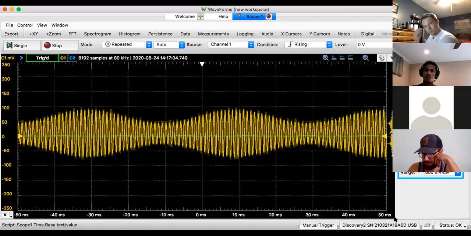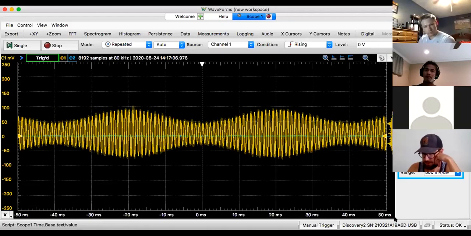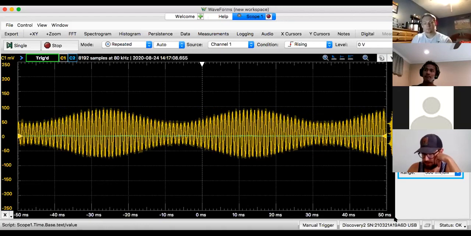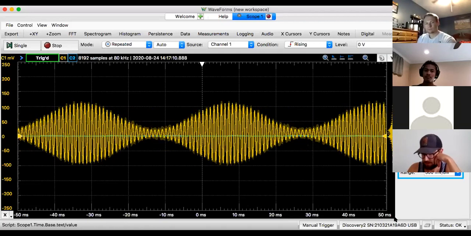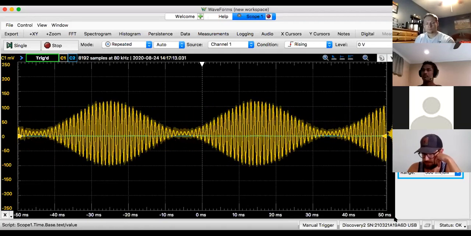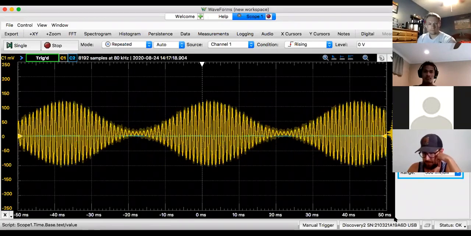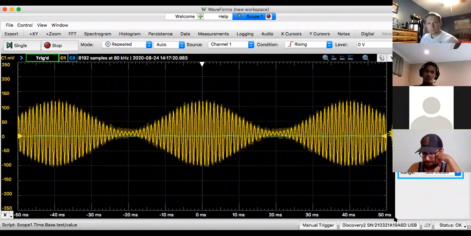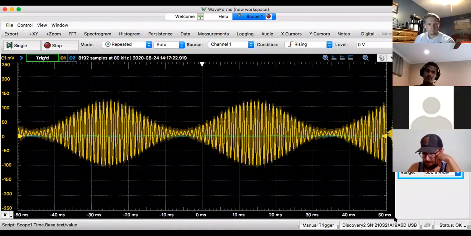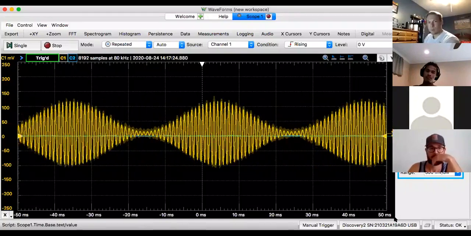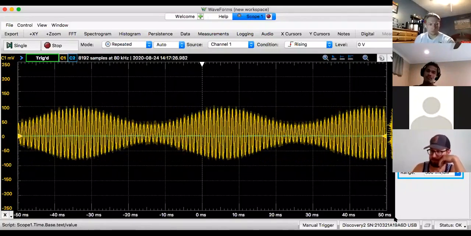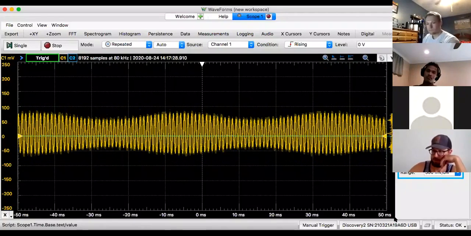We can change how much we modulate. You see the difference? It's the same AM signal. What's the difference? The amplitude changes a lot, right? We can also reduce that. Yeah, that's the AM signal.